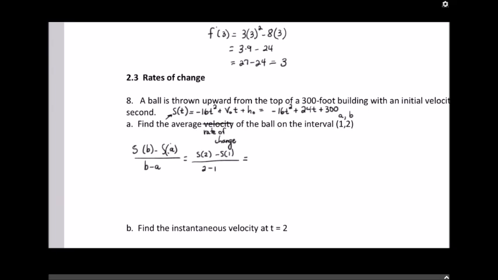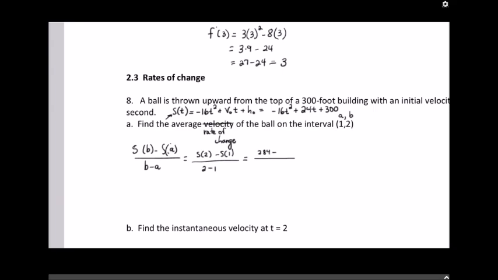So 48 minus 64 is negative 16. Then we add that to 300. So the position of this object after 2 seconds is 284 feet.